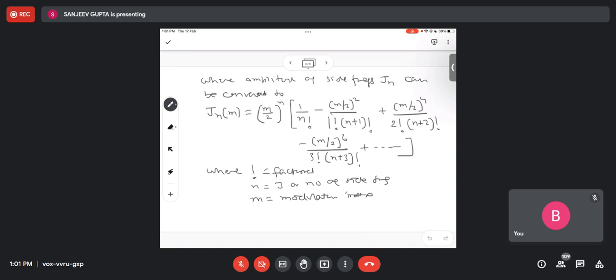These values for various values of M are given in the table, which was in slide number 12 of the last lecture. So we put it in tabular form. I took M equal to 0, 0.5, 1, 1.5, 2, 2.5, and many more could be there.